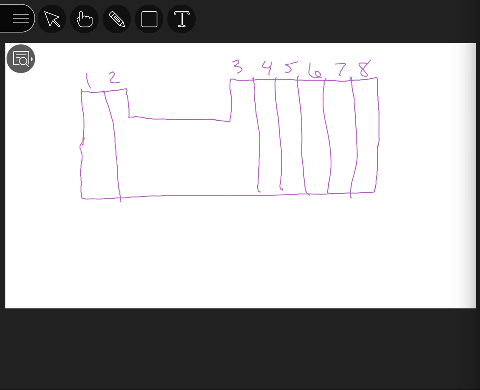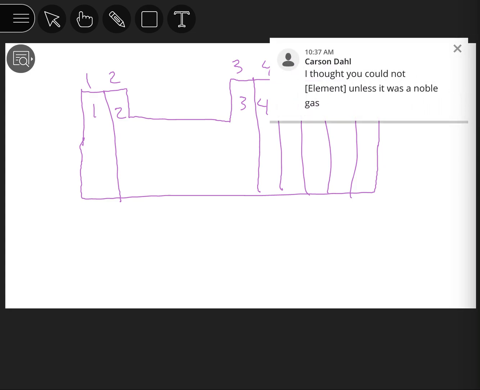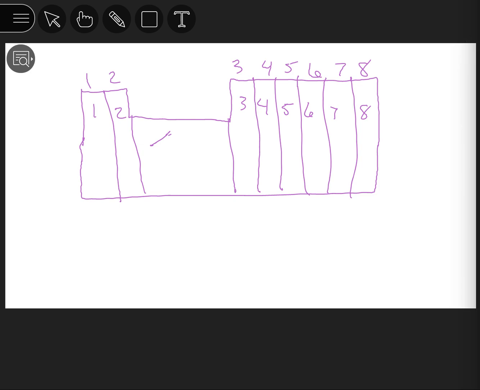So to find the valence electrons here, this column has 1, this was 2, 3, 4, 5, 6, 7, and 8. So those you can go by the column number or the group number they're in. Right in here, in all of this area here, that's where you have to do the electron.